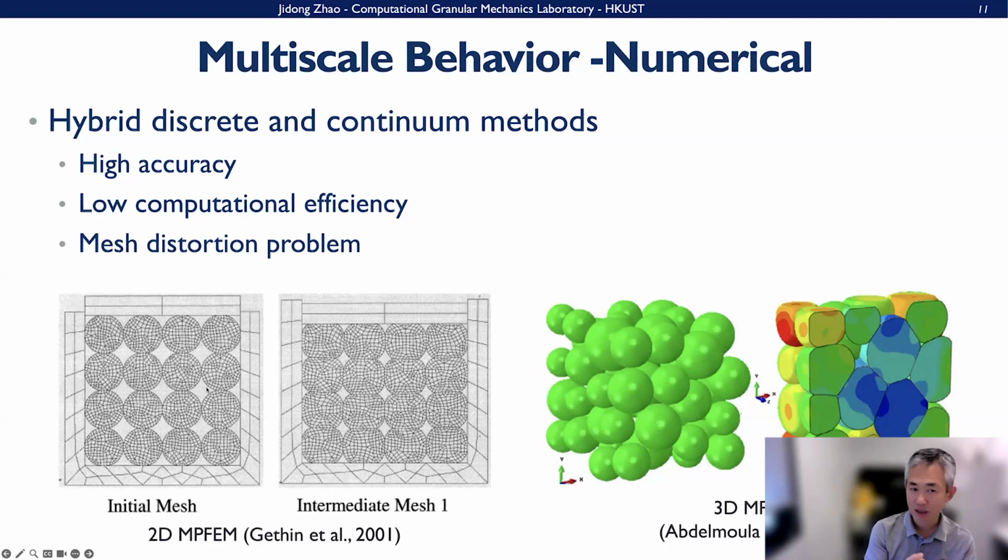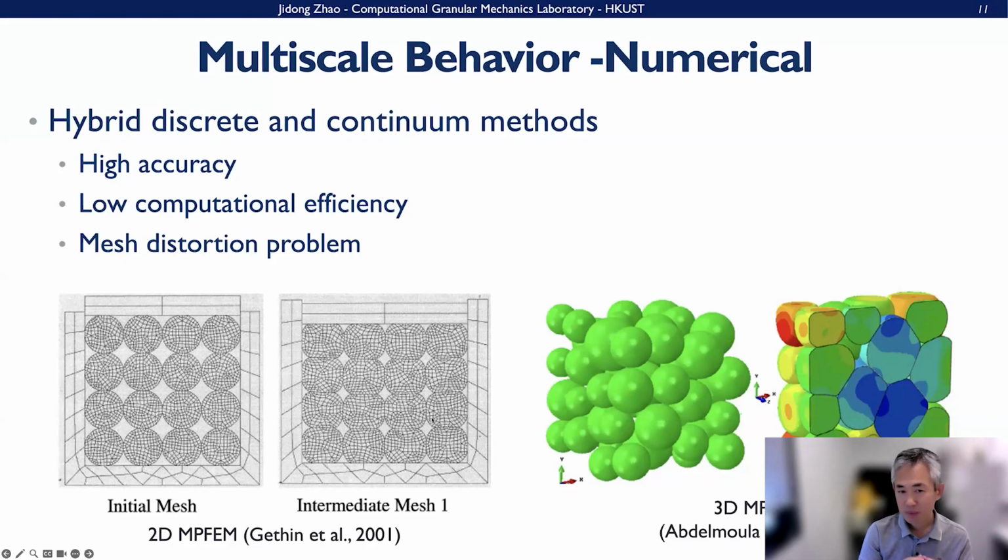Each individual grain, a powder grain, is discretized by a finite element mesh, like on the left and on the right here. Then we do all kinds of testing: 1D compression, die compression, or isotropic compression, to test how dense we can get and test the performance here, right?